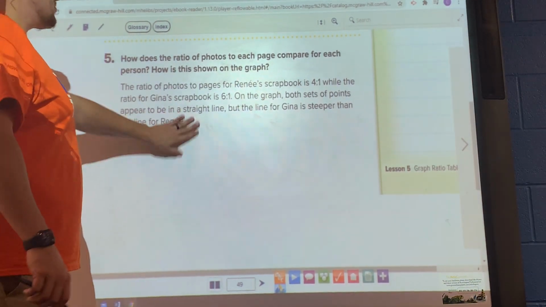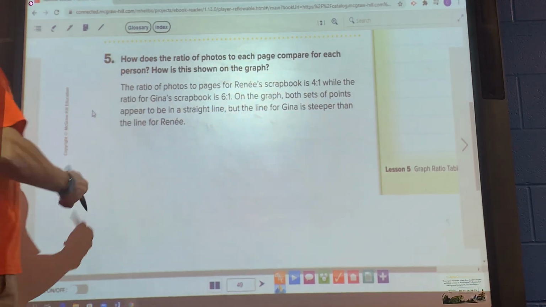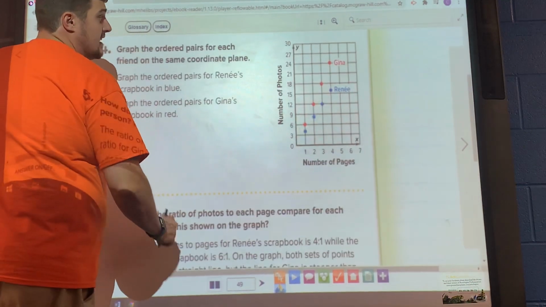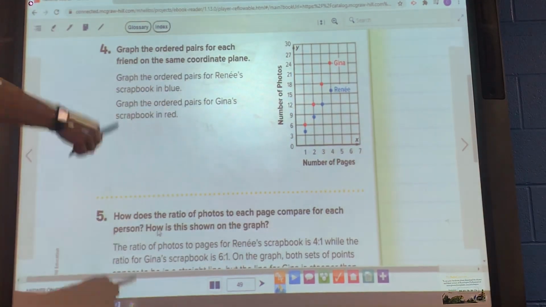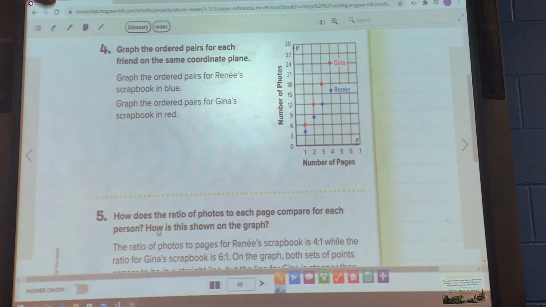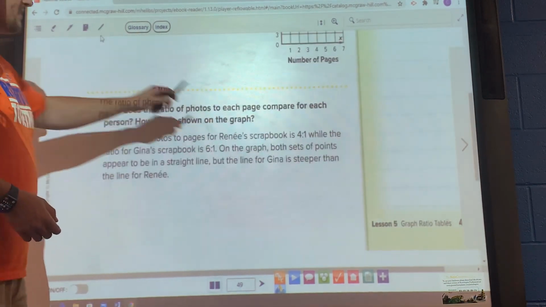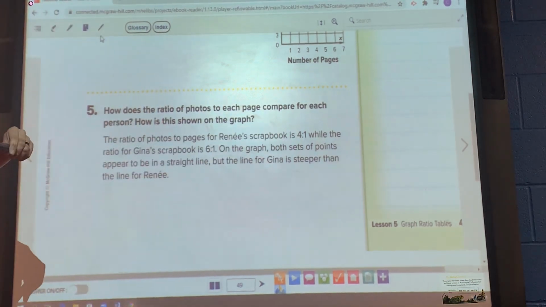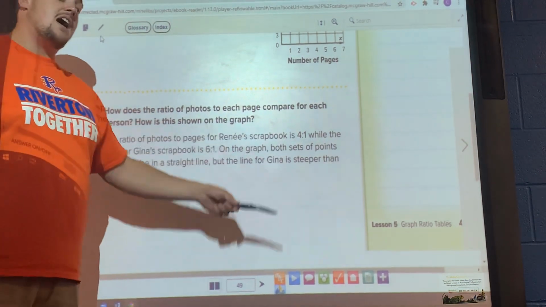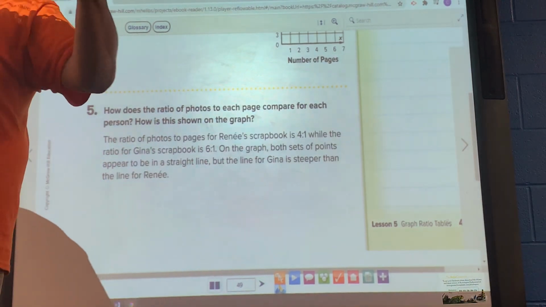On the graph, both sets of points appear to be in a straight line, but the line for Gina is steeper because she's putting more pictures on each page. That's how you compare them. You write down the ratios: 4 to 1, 6 to 1, and Gina's is a steeper line because her ratio is bigger. She's going up by a bigger rate.